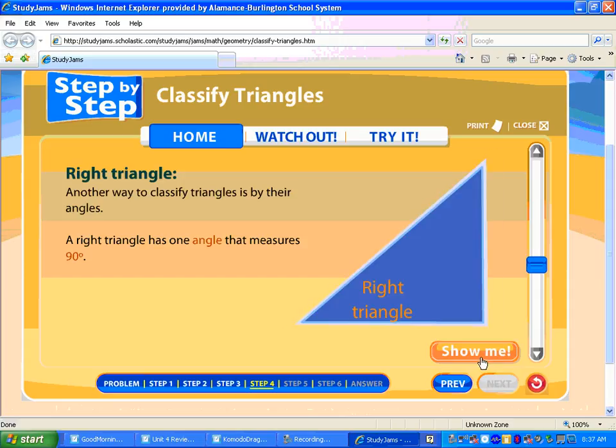A right triangle has one angle that measures 90 degrees. On a right triangle, the side opposite the right angle is always the longest side. It's called the hypotenuse. A right triangle can never be equilateral because the hypotenuse is always longer than the other two sides. But a right triangle can be classified as isosceles.